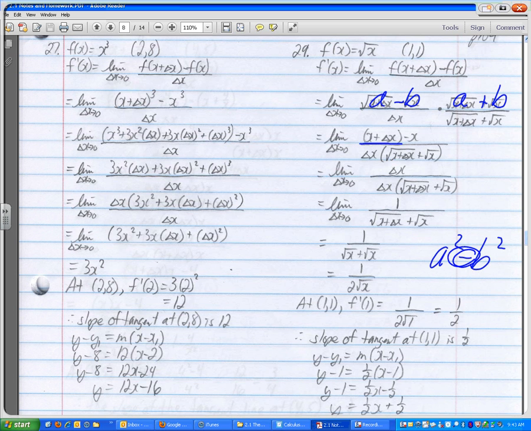Then it's minus B squared. Well, if B is the square root of x, the square root of x squared is x.